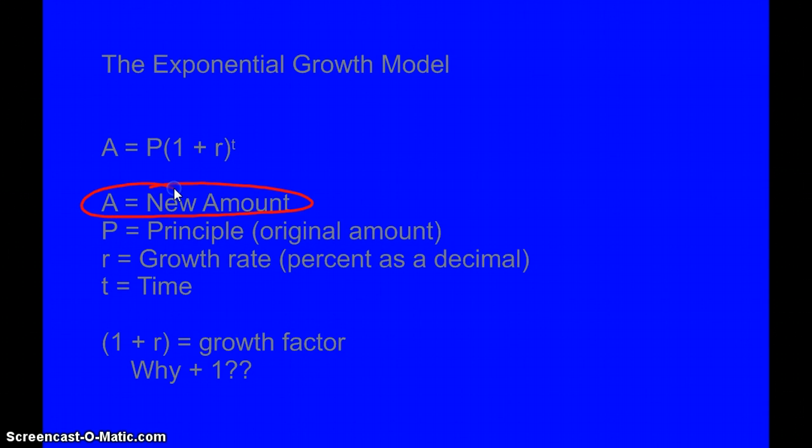That's the amount in your account after they've paid you interest. So therefore, we have to add the interest on to what is already there. And so that's why we multiply by 1, because multiplying by 1 maintains what is already there plus the new percentage. So that's why it's 1 plus R.